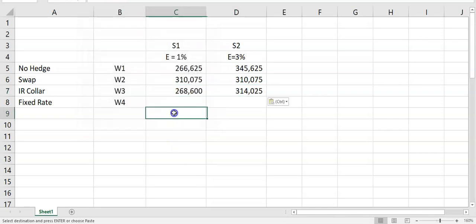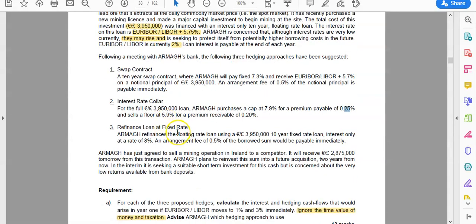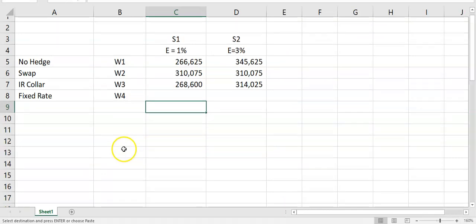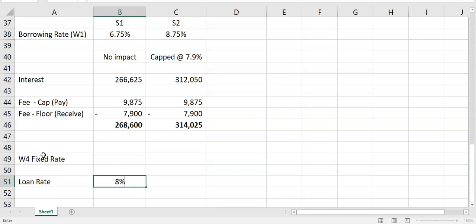And the last one then is a fixed rate, a rather simple method if available, where you say you're going to refinance the loan rate at 3950, fixed rate of 8%, and arrangement fee of 0.5%. So effectively, working for your fixed rate, it's going to be the loan rate, which is 8%.